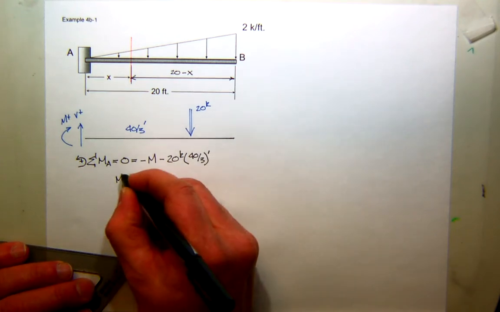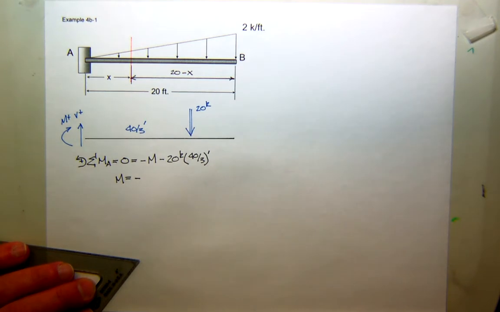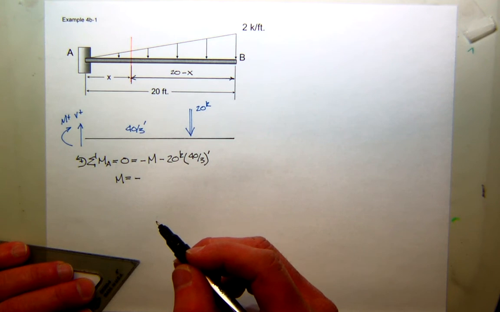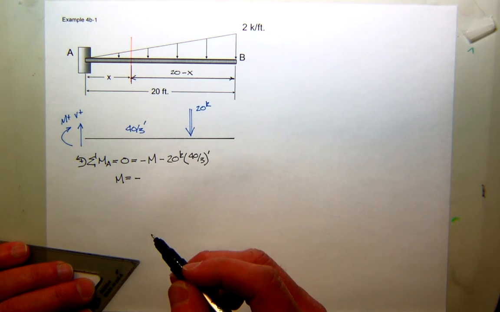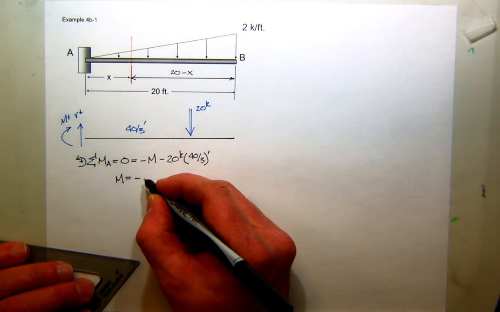So what is my moment? It's negative whatever that is. Whatever 800 divided by 3 is. 2.667? 266.7? Yes.